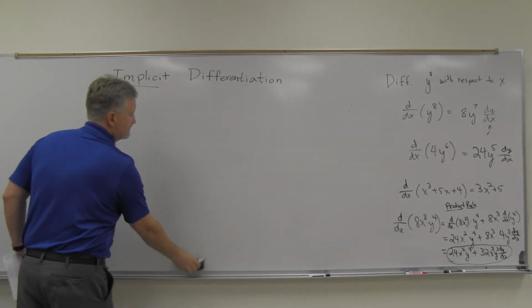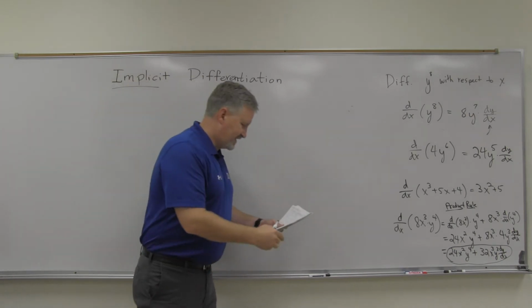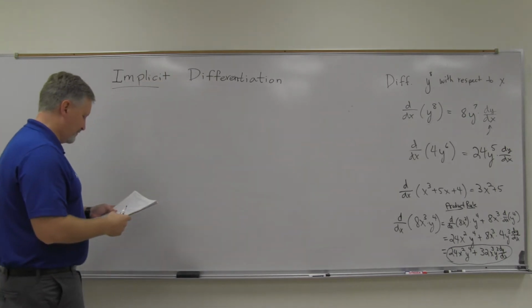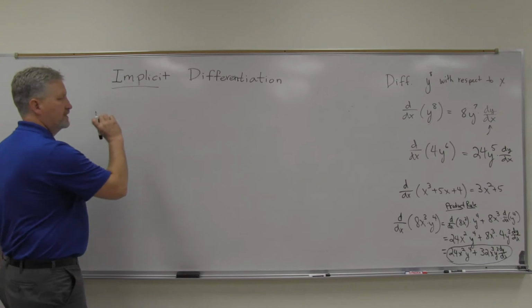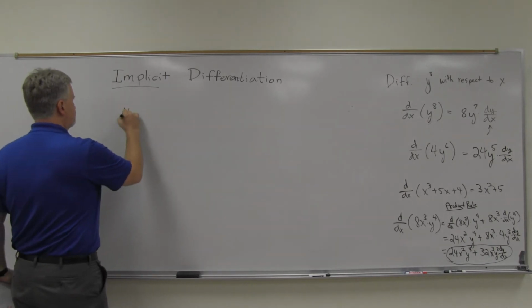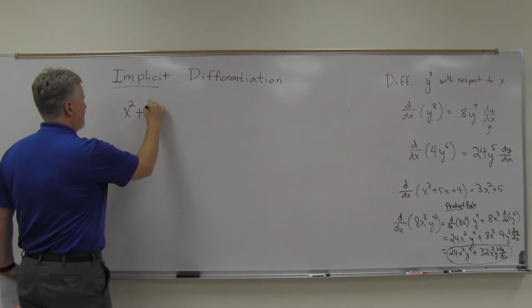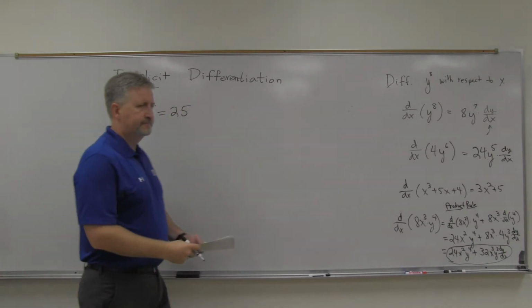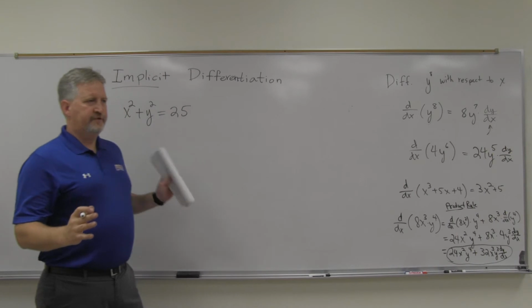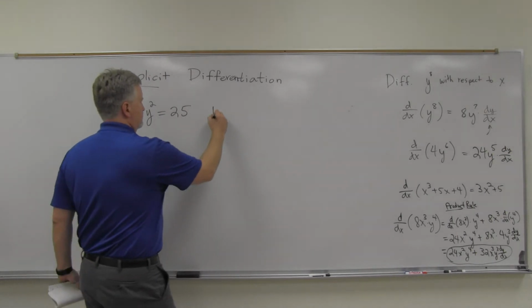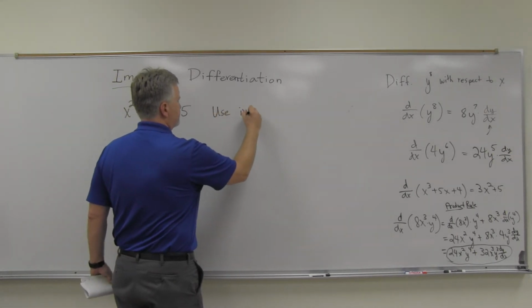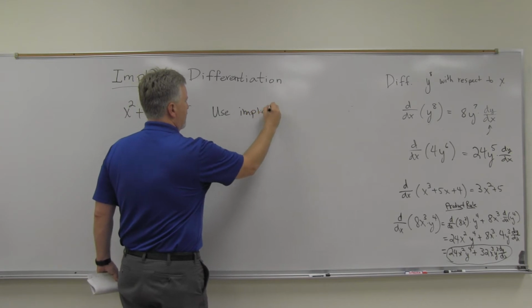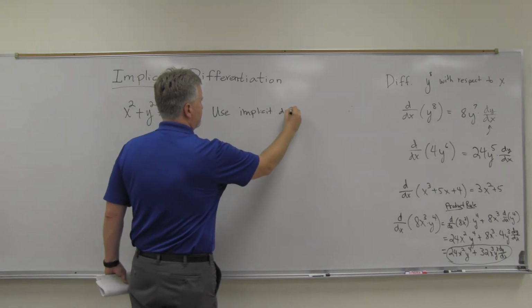Okay, well, what are we talking about that for? Well, let's start with this one. X squared plus y squared equals 25. This will be our first one that we're going to use, implicit differentiation, to find dy over dx.